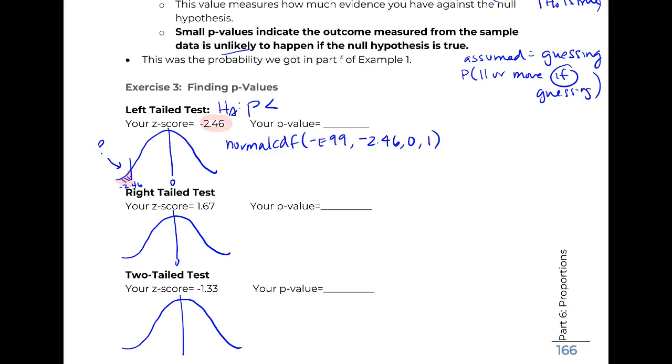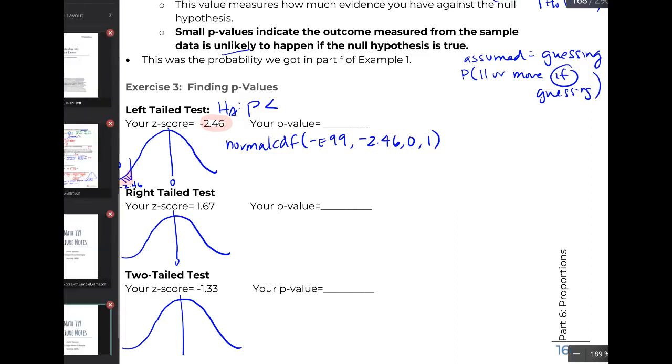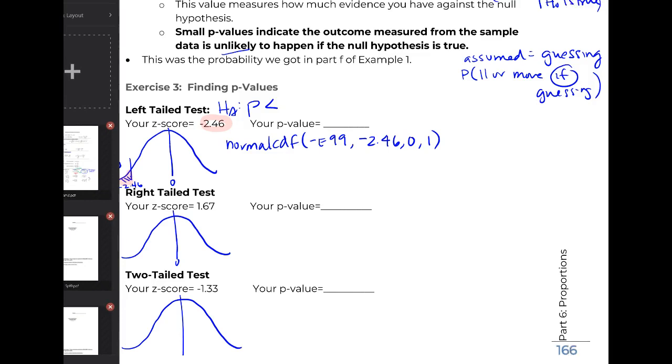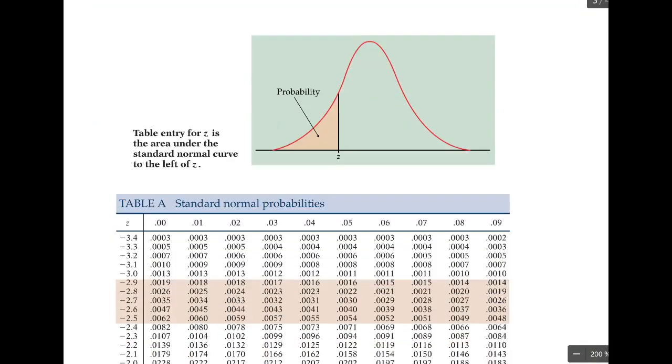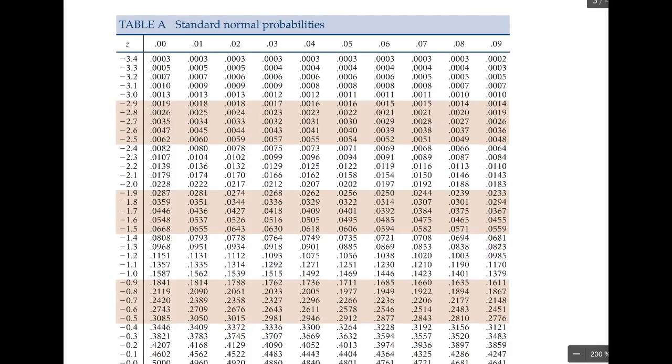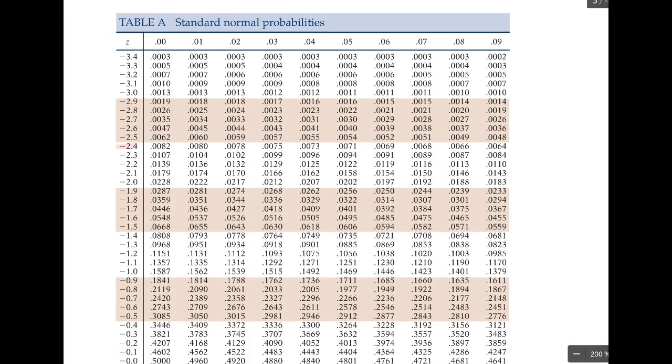The normal table gives a left-hand side probability. So if we go over to our normal table, past the t table to our normal table, and we were looking for negative 2.46, I think. I might be wrong. We'll figure that out when I go back.